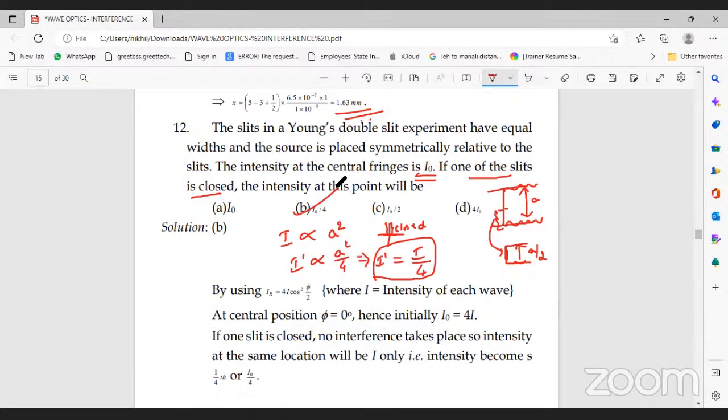So remember, when one of the slits is closed, the amplitude will reduce to half, so the intensity becomes I naught by 4.